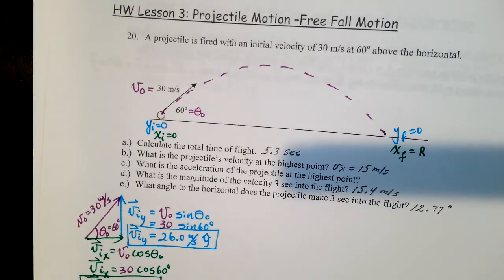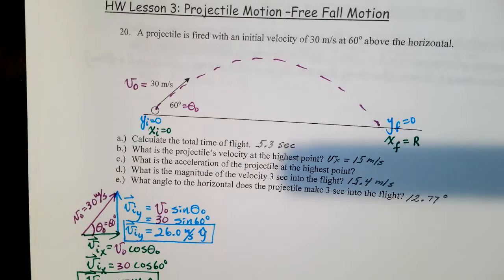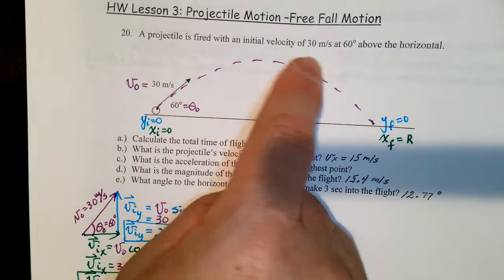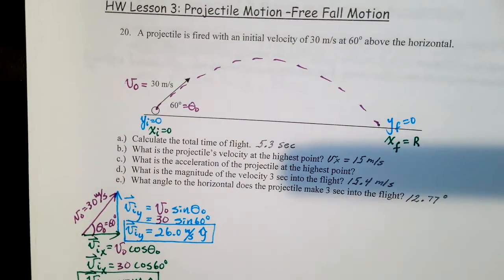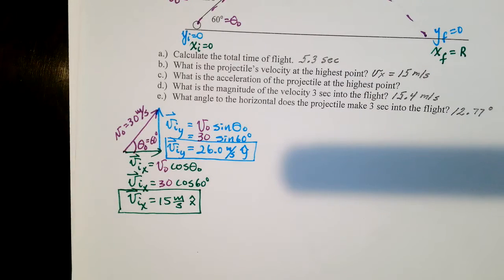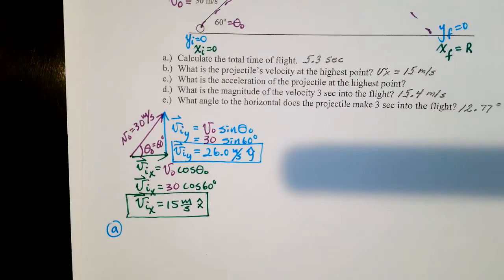All right. So let's take a look at A. A, calculate the total time of flight. So let's calculate how much time it takes to do the whole flight. To calculate time, about 95% of the time, use the y direction, because we know a few things in the y direction that are implicit.